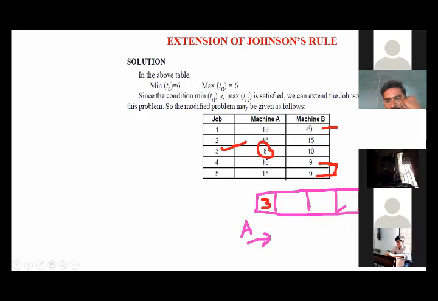Here, for example, machine B is 9 and machine A is 13. Here machine B is 9 and machine A is 10, and here machine B is 9 and machine A is 15. From this we take the minimum value of machine A. The minimum value of machine A is at the 4th job, so we are going to take this order. The 4 we are going to write here, and I would like to repeat this sentence again.